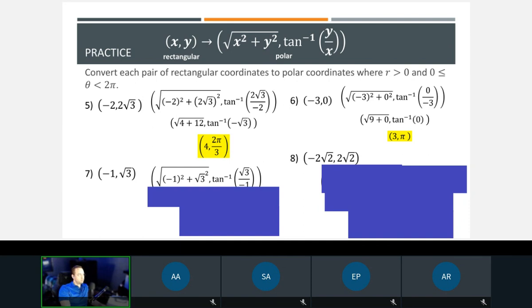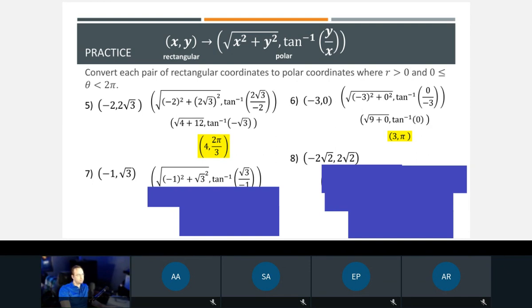All right, anybody have a final answer for number 7? So it looks like -2 comma 2 pi over 3. Antonio says 2 comma 2 pi over 3. Your R value, I'm sorry, will probably always be positive.